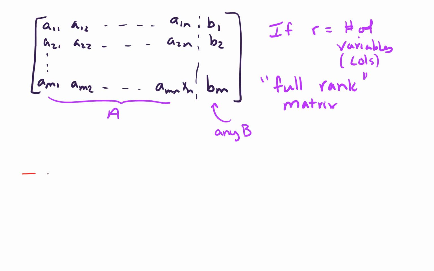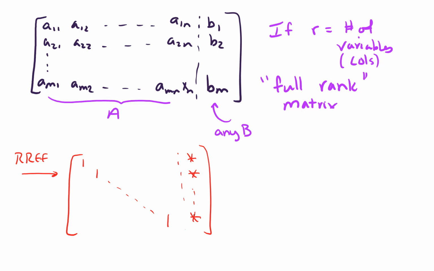Right? So when we RREF this, if we have a full rank matrix, what we're looking at is ones down this diagonal, and who knows what we get over here in this right hand column once we work out all our RREF business, but we do know that we'll get a unique solution to the system of equations.